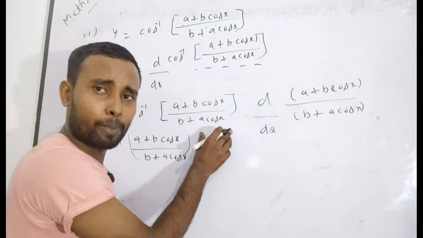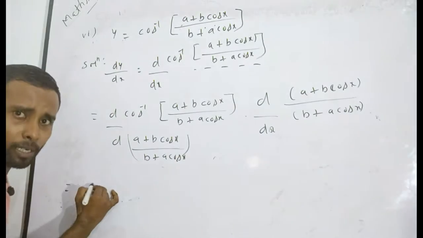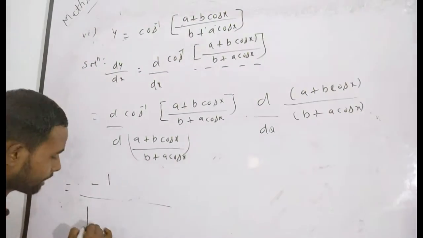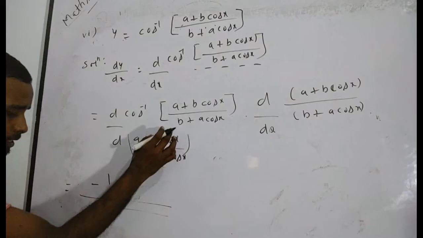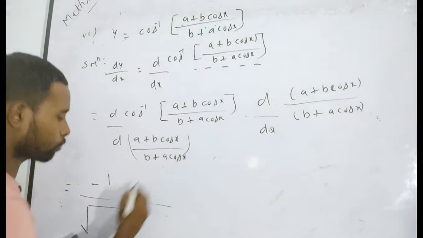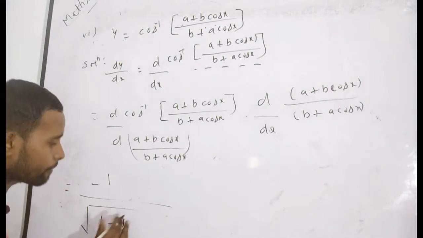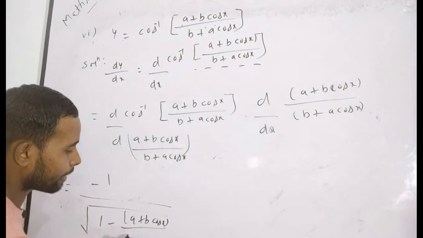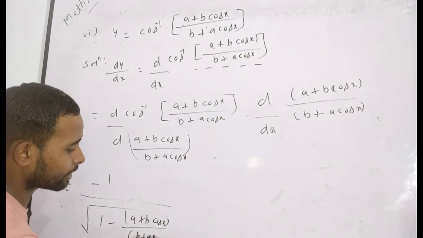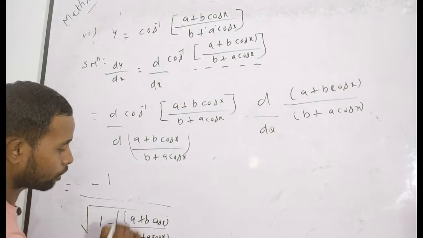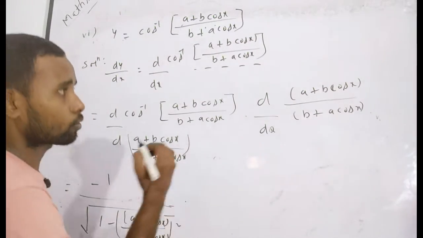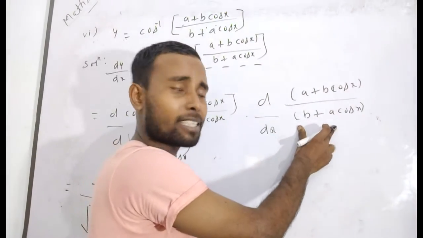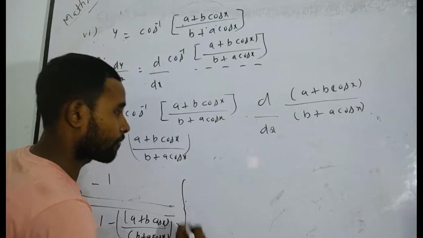Now what is the derivative? The derivative of cos inverse p with respect to p will be minus 1 divided by root under 1 minus p square. P square means (a plus b cos x) divided by (b plus a cos x), whole square. And now we have to simplify it using the quotient rule of derivative.